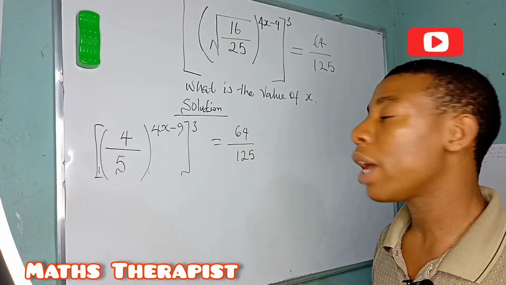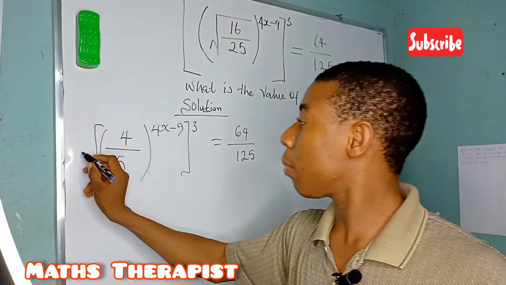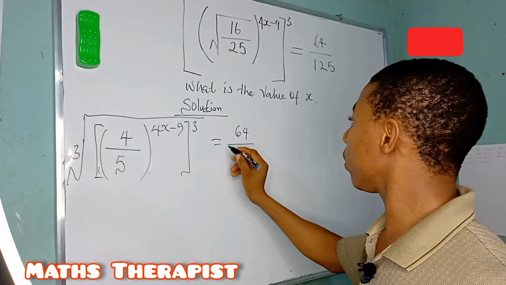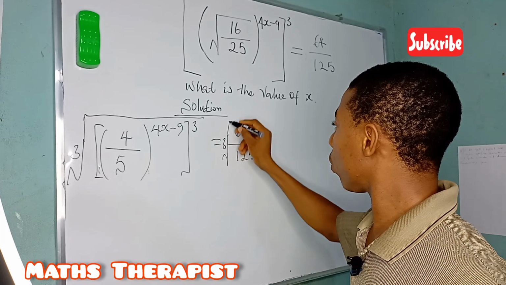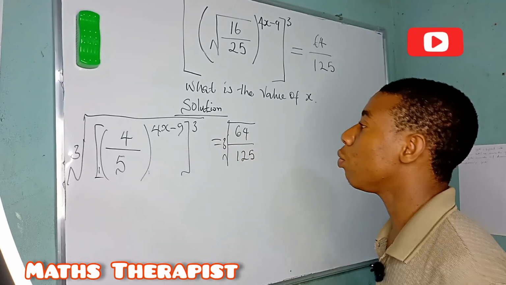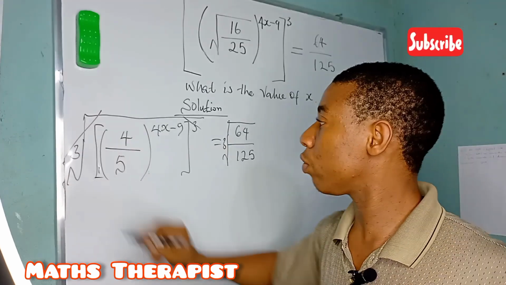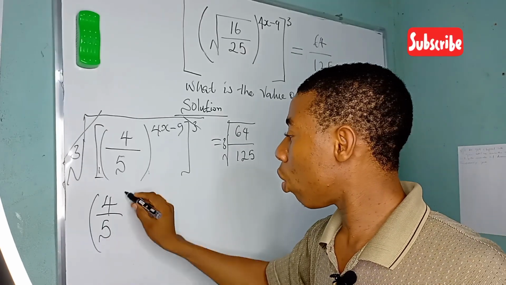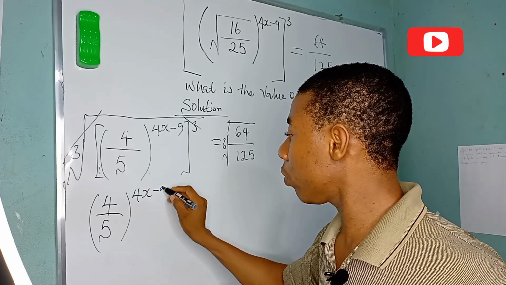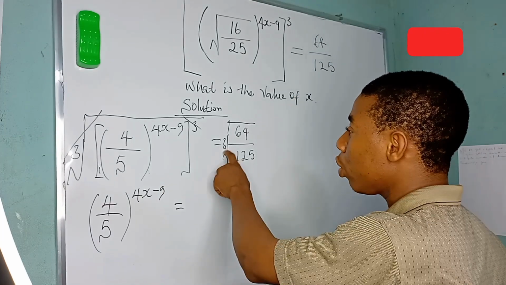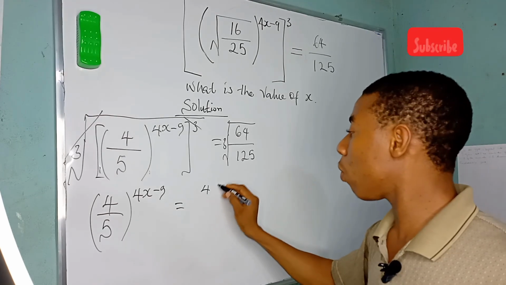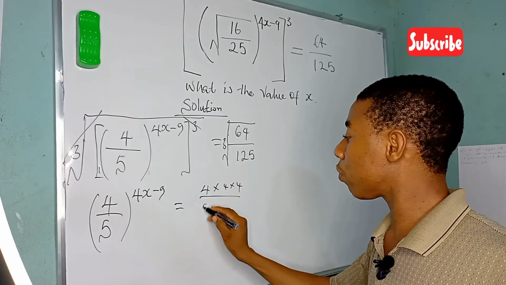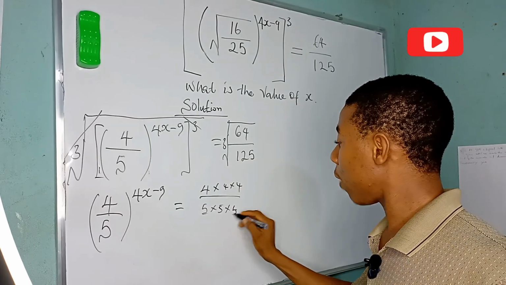What do we do now to solve? The next step is to take the cube root of both sides. If I take the cube root, this cancels the power of 3, and what is left here is 4 over 5, raised to the power 4x minus 9, equals the cube root of 64, which is like saying 4 times 4 times 4. 4 times 4 times 4 is 64, and 125 is 5 times 5 times 5.